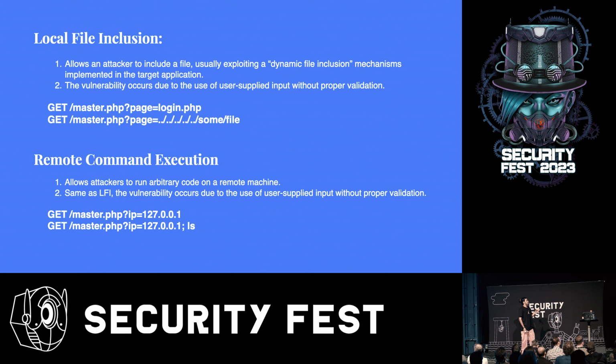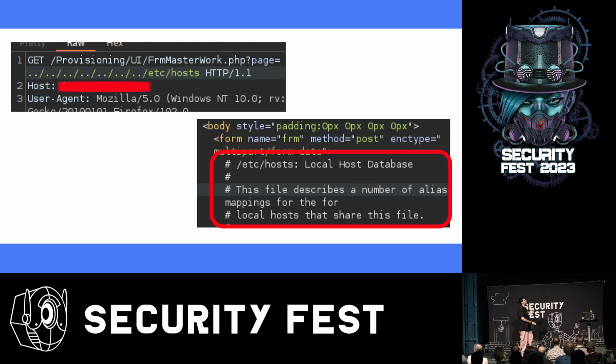And remote command execution is kind of similar, but we can execute commands on the remote machine, and that happened for the same reason, because they didn't validate the user input properly. In this case, this is one example. The Meisterwork.php has a local file inclusion vulnerability, and we can check /etc/hosts.